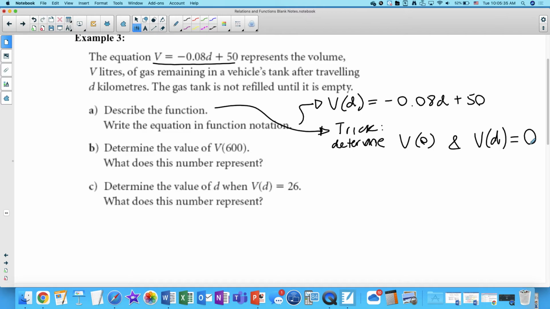What is that? Yes, 50. So what does this mean? When you've gone 0 kilometers, you have 50 liters in your tank. This is the capacity of your gas tank. Okay?